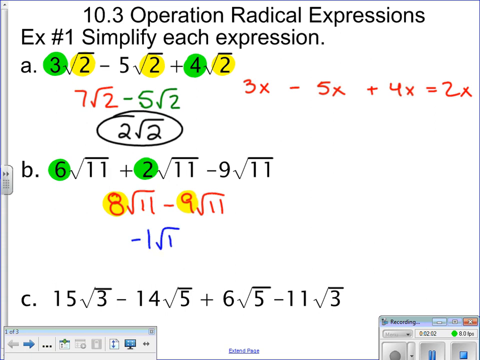So you can write negative 1 square root 11, or simply write negative square root 11, which would be a shorter answer. So as long as the square roots of 11 are the same, you simply add or subtract the numbers in the front. Remember, the 11 is called the radicand. So if the radicands are the same, combine like terms.